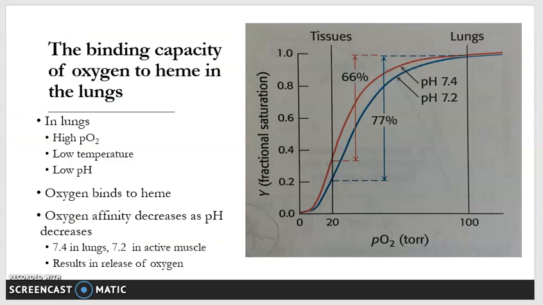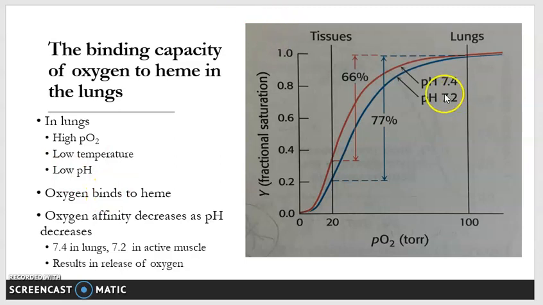So we move into the binding capacity of oxygen to heme in the lungs. The partial pressure of gases, temperature, and pH all affect the binding capacity of hemoglobin. So in the lungs, high pressure of oxygen along with low temperature and high pH aid in the binding of oxygen to hemoglobin. The oxygen affinity of hemoglobin decreases as pH decreases from the value of 7.4 found in the lungs at 100 torr of oxygen partial pressure here in this graph.